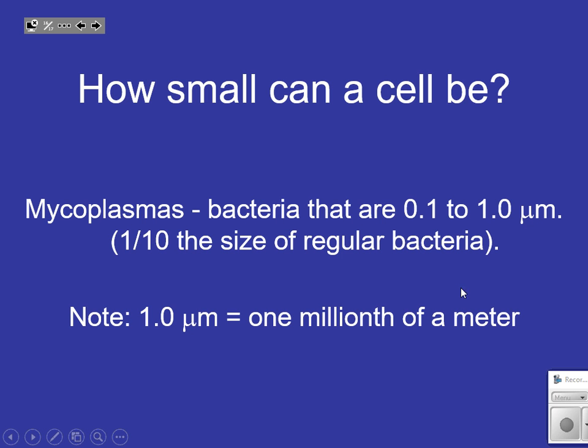A micrometer is 1/1,000,000th of a meter. Think about a meter stick, and putting 1,000,000 marks on it. That's pretty small, isn't it? So a micrometer is 1/1,000,000th of a meter.